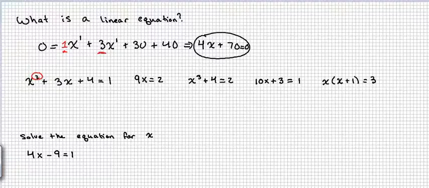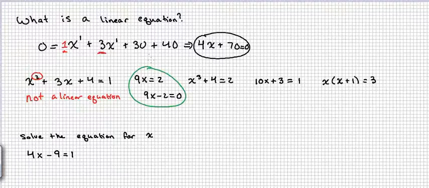This is x squared, so this is not a linear equation. Let's look at the next one. Well, we got an x to the first, and it is the highest power. We could rewrite this as 9 minus x if we brought the 2 to the other side. That'd be our equation, and yeah, this x would still be the highest. So this one is good.